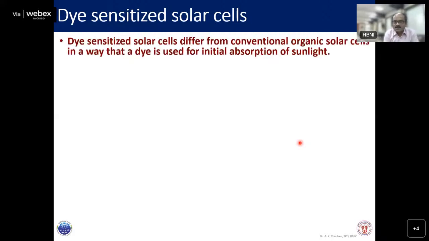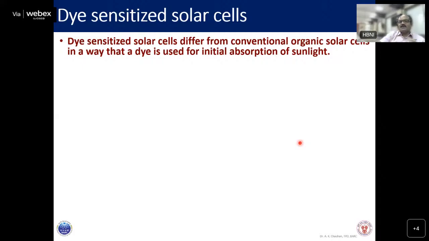Dye sensitized solar cells differ from the conventional organic solar cells in that a dye is used for the initial absorption of the sunlight. In polymer solar cells, the light was absorbed in both donor and acceptor materials. Here, there is a dye.